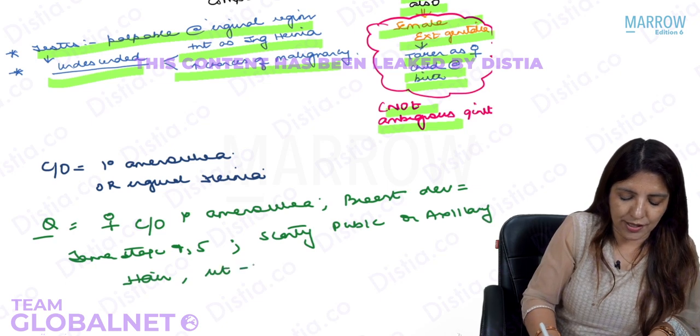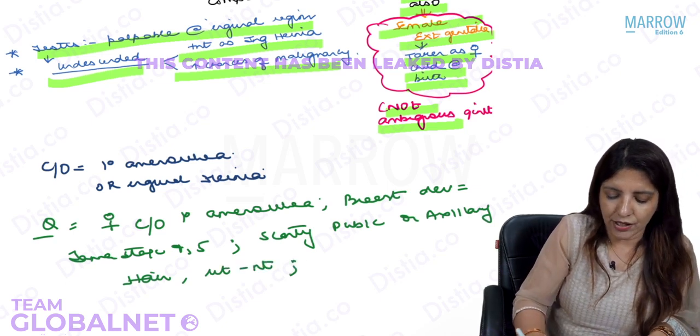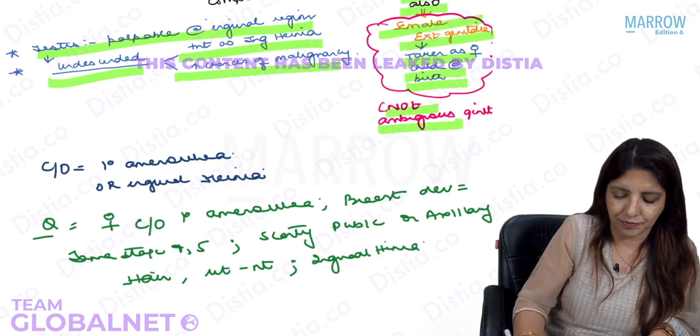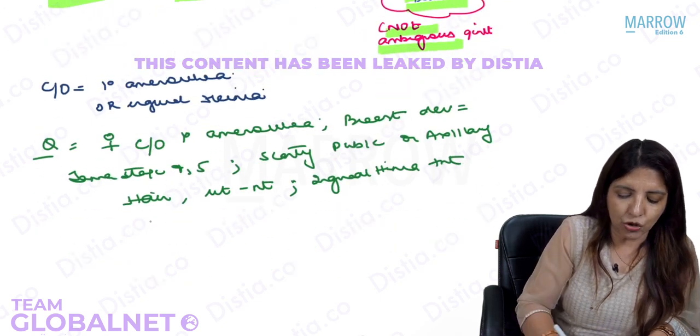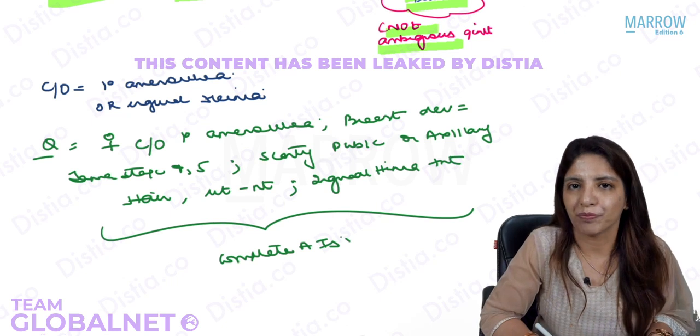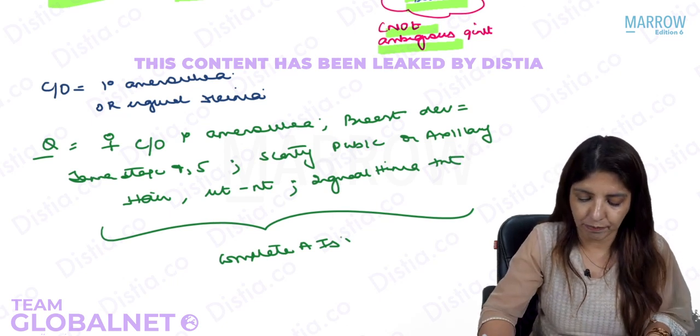And uterus is absent and inguinal hernia is present. Immediately you should think about complete androgen insensitivity syndrome. Clear to all of you? Okay.